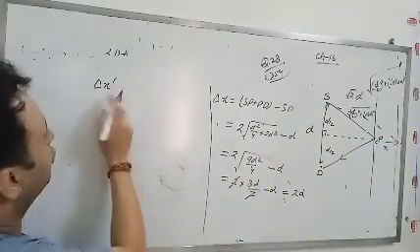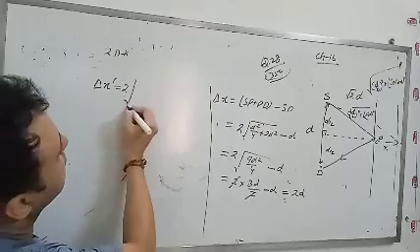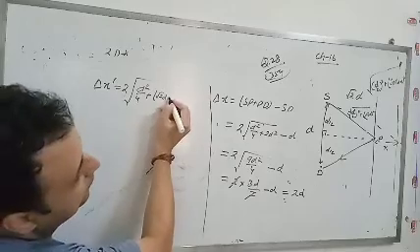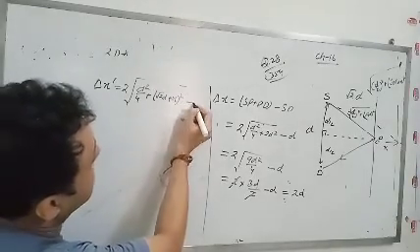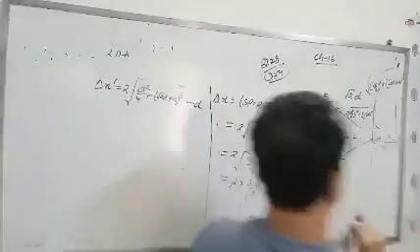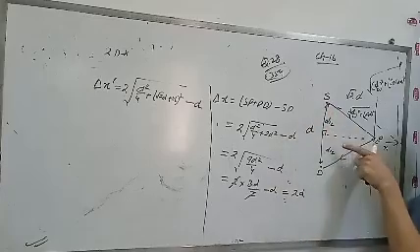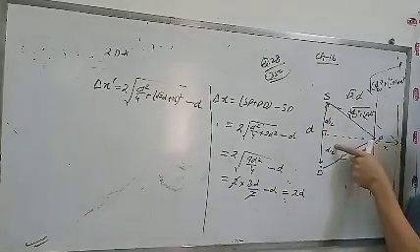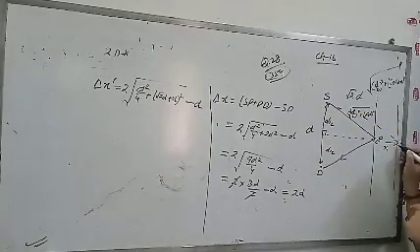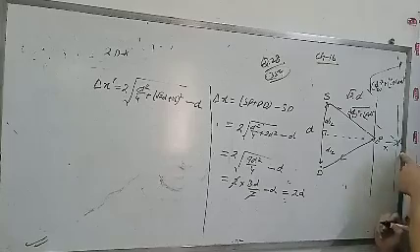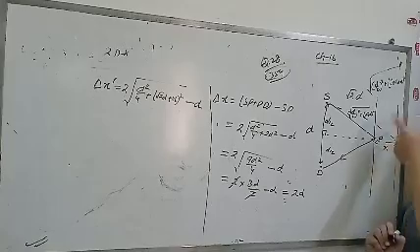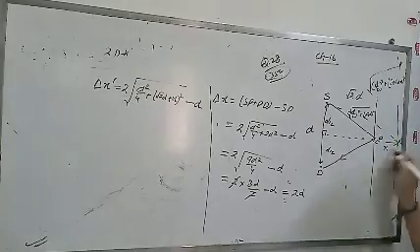So delta x dash will be equal to 2 into the square root of d square by 4 plus (2d plus x) whole square, minus d. Is it clear to all of you? This is d by 2, and this is root 2d plus x. According to the Pythagoras theorem, suppose this point is now P dash, so SP dash will be equal to the square root of (d by 2) whole square plus (root 2d plus x) whole square, and this is equal to this also.